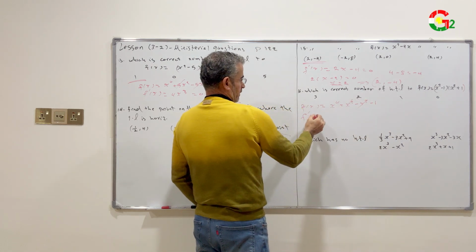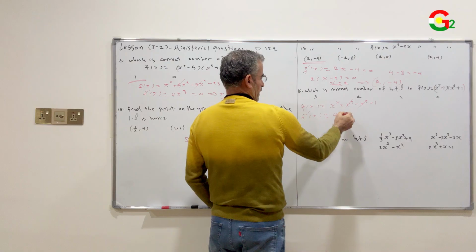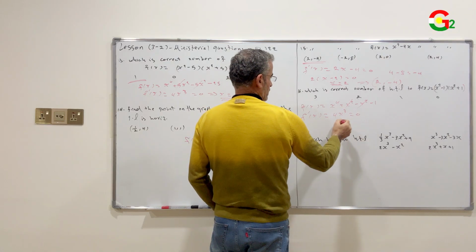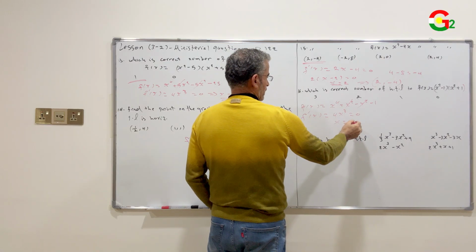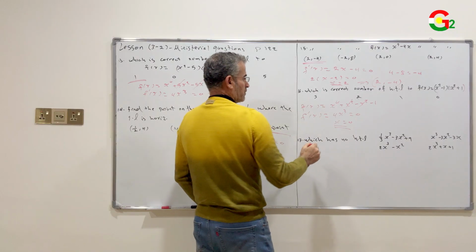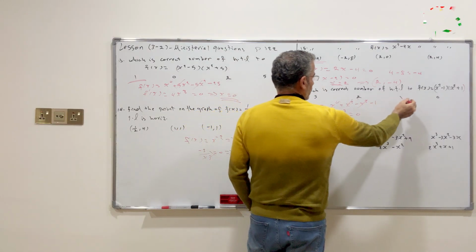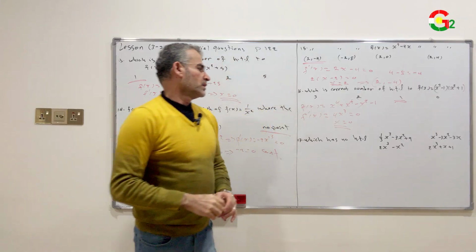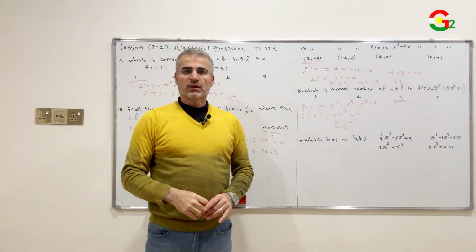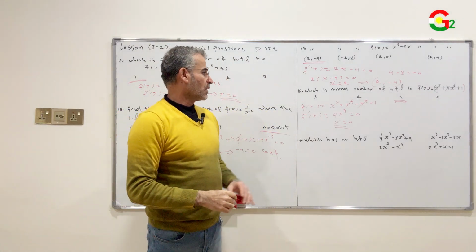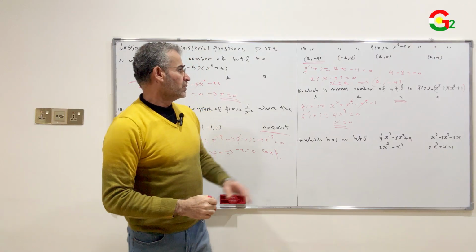Now find the derivative of this function. 4x power 3, set it equal to 0, then x equals 0. There is one point such that the tangent line to this graph is horizontal. Choice C.